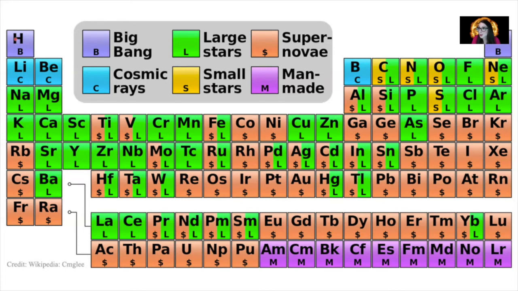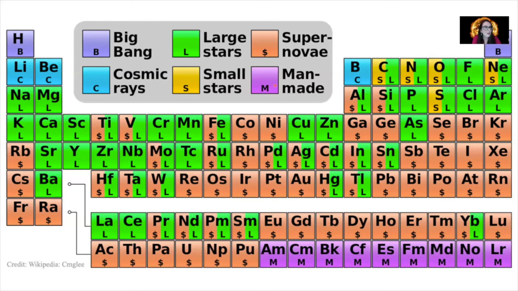That's the number of protons in their nucleus. So hydrogen up here has 1 proton in its nucleus. And then we have, behind my picture here, we've got helium that has 2 protons, lithium has 3, beryllium has 4, boron has 5, carbon has 6, nitrogen has 7, oxygen has 8, iron has 9, and so on, okay?